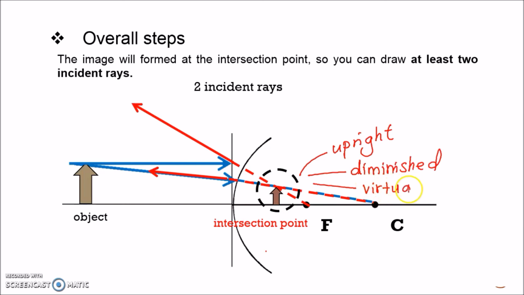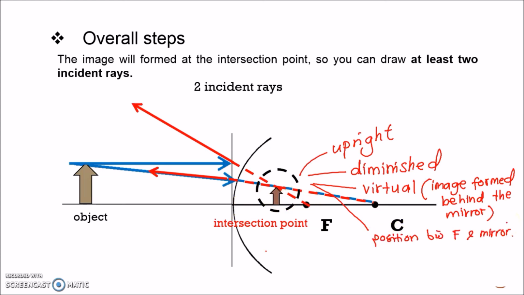Why did I say the image is virtual? Because it formed behind the mirror. Position of the image is between point F and the mirror. This is the reason why we sketch the ray diagram, because we want to determine the characteristics of the image.